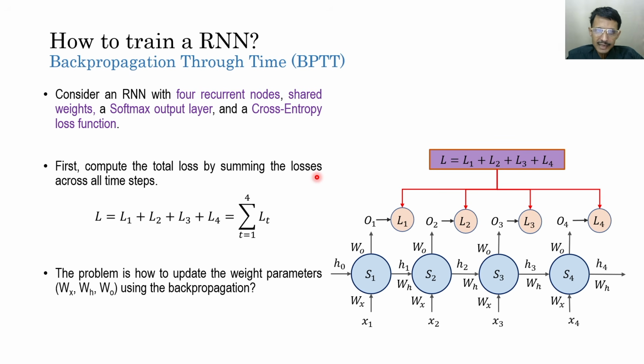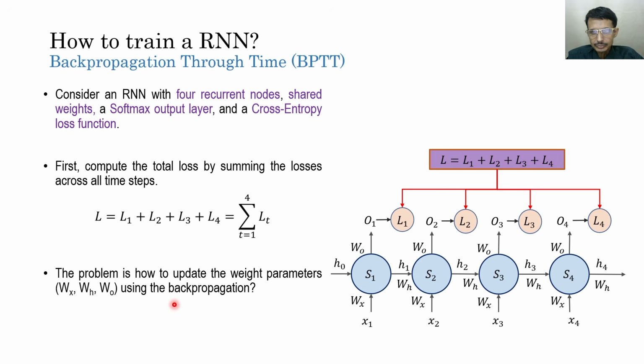So what is the basic idea here? Given the loss across the time steps L1, L2, L3, L4, we have to update the weight parameters Wx, Wh and Wo using this backpropagation through time algorithm. So that is the major point.